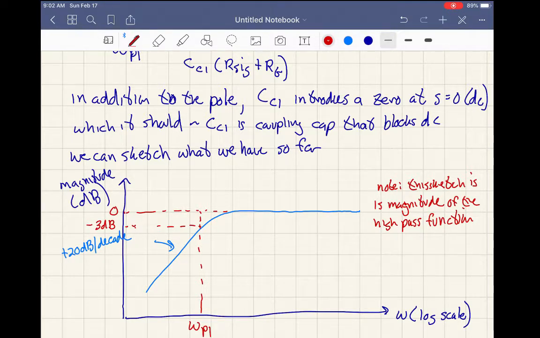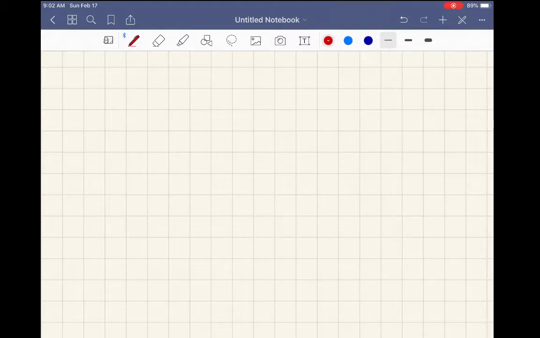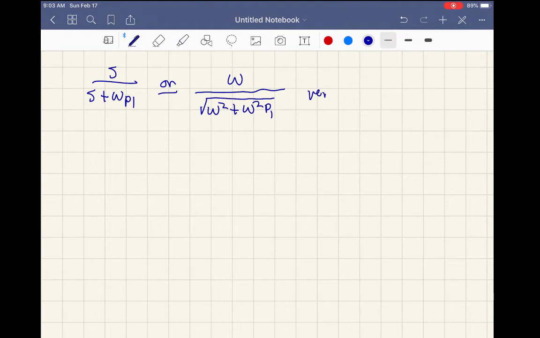I'm going to have to jump to the next slide here. If we want to write that explicitly, we can say s over s plus omega P1, or omega over the square root of omega squared plus omega P1 squared, versus frequency omega.